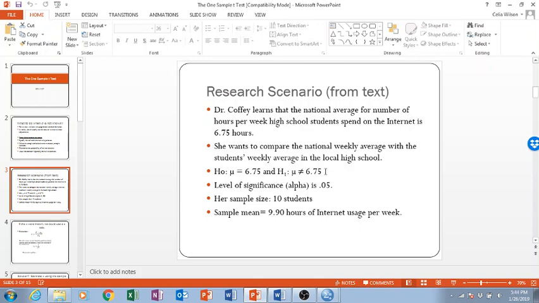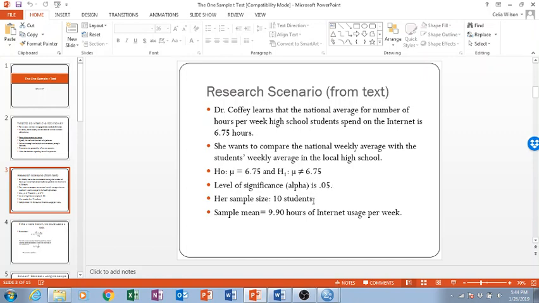Now, like I mentioned before, a two-tailed test is the default in SPSS, and it makes it like a more rigorous test, because it is more difficult to find statistical significance when you're using a two-tailed test. So in my opinion, that's usually the best test to use when compared to a one-tailed test. Our level of significance, or our alpha level, we're setting at 0.05, just like before.